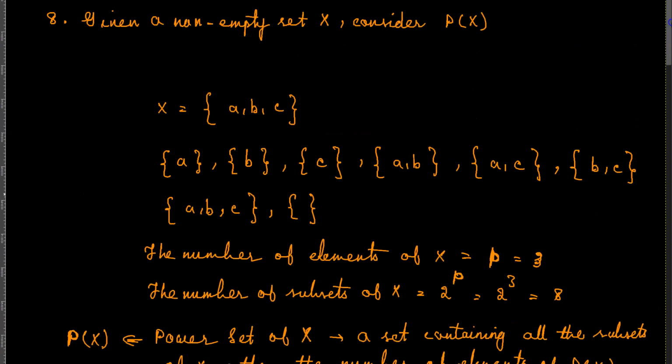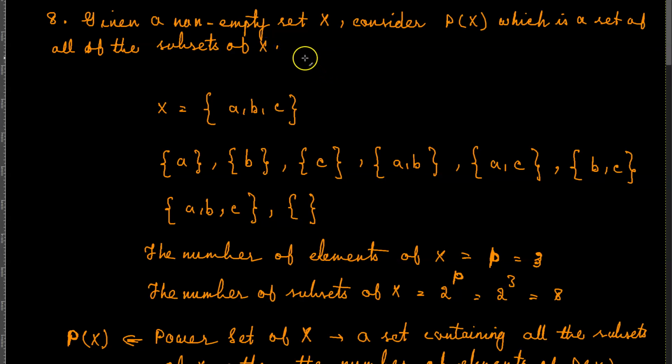Now here we are talking about the same thing. Given a non-empty set X, consider P of X, which is the power set of X, the set of all of the subsets of X. Now define the relation R in P of X as follows.